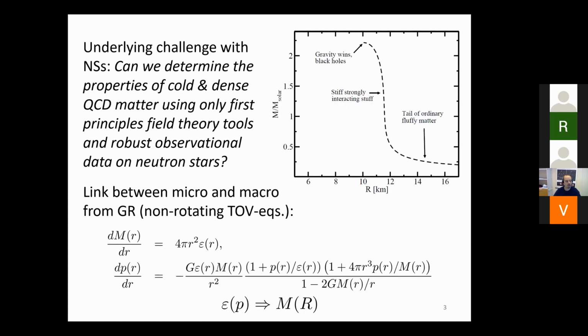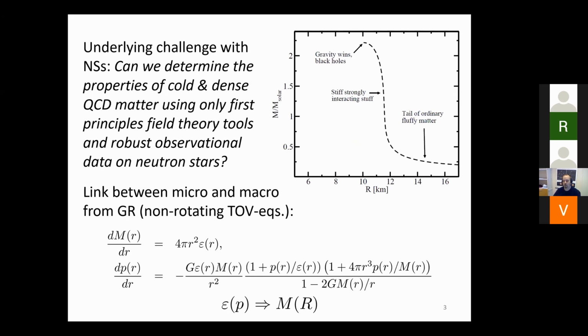Now clearly here we are dealing with two very different scales. On one hand, the microscopic scale, where QCD interactions determine the thermodynamic properties of this QCD matter, and then on the other hand, the macroscopic properties of neutron stars, their masses, radii, and so on.